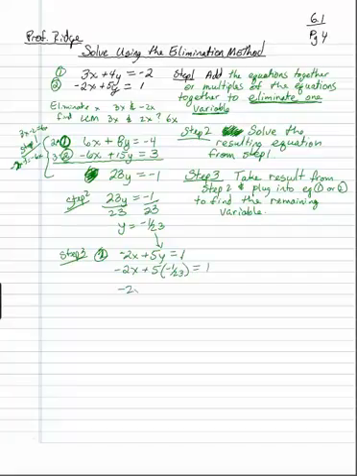Okay, so we got negative 2x minus 5/23 equals 1. I'm going to add 5/23 to both sides. If you want, you can clear the fraction. You know, you can still do that kind of stuff. I don't mind working with fractions, to be honest.